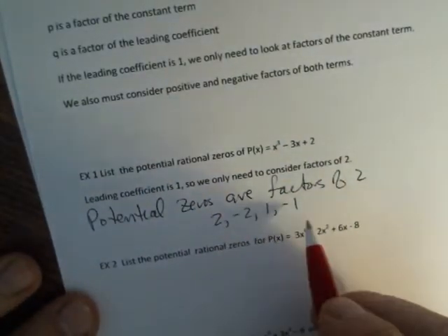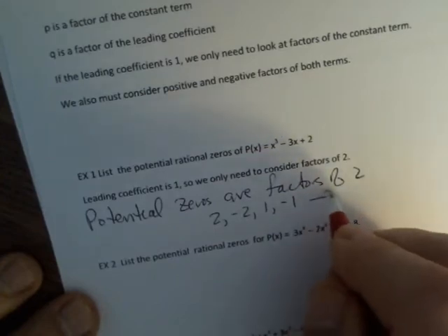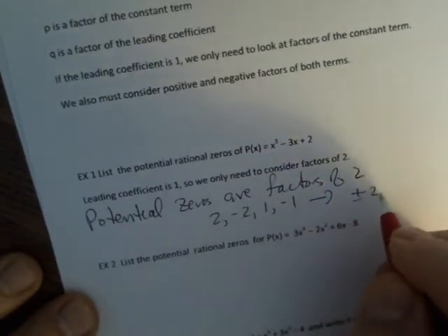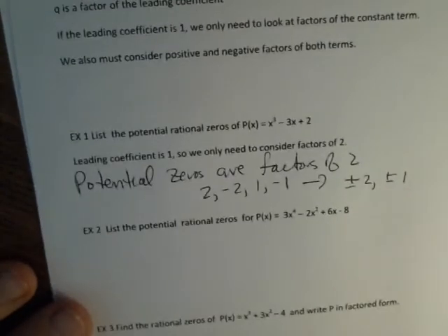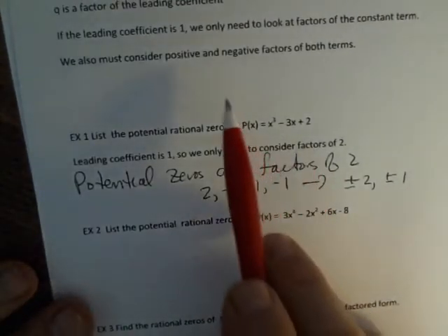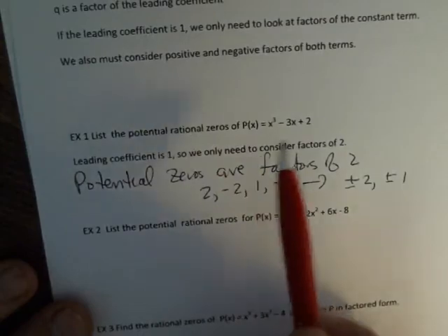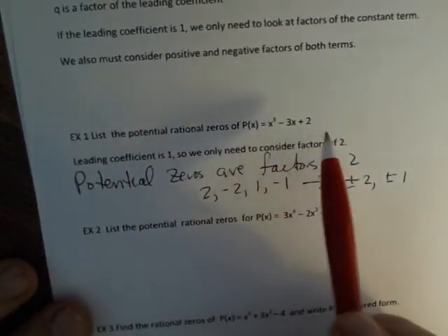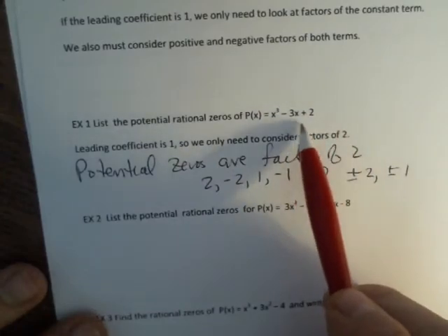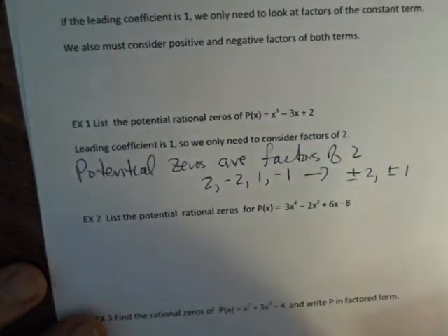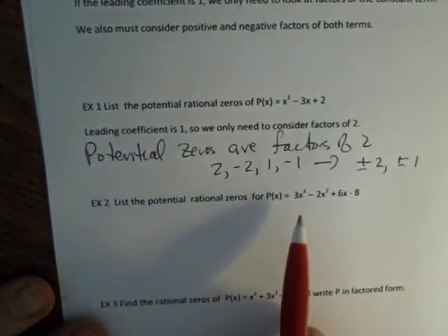Well, instead of writing it like this, we just say ±2, ±1. Okay, so those are what are called the potential zeros. We're not going to try to factor this or test them. I just want you to understand how you find these. Still the same way we've always found them, any factoring we've done.